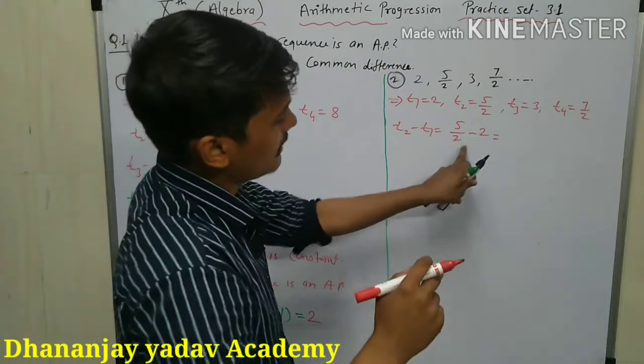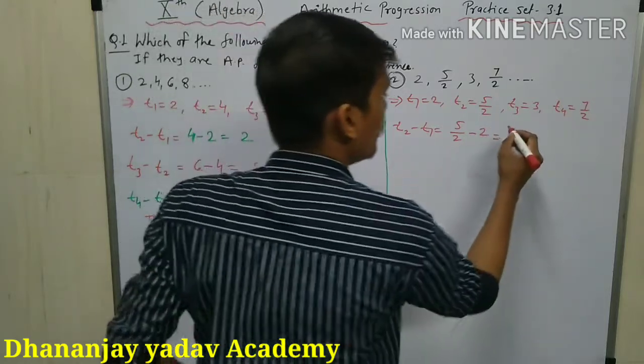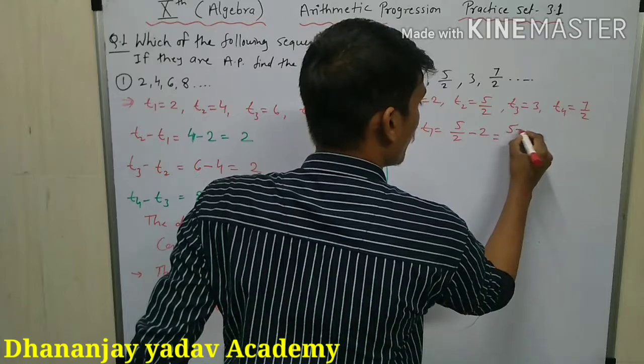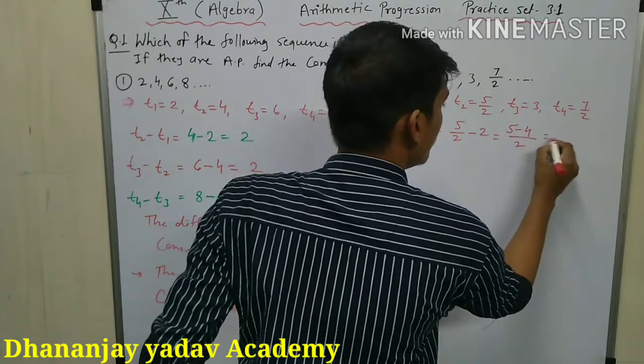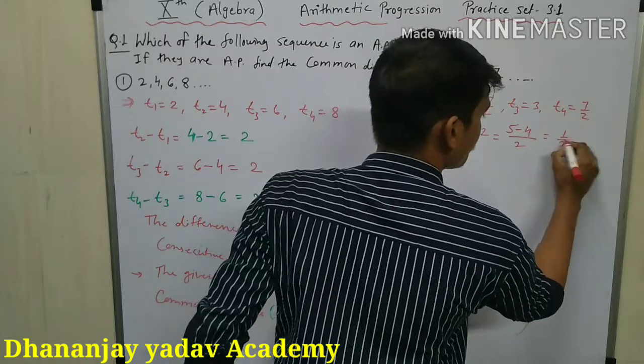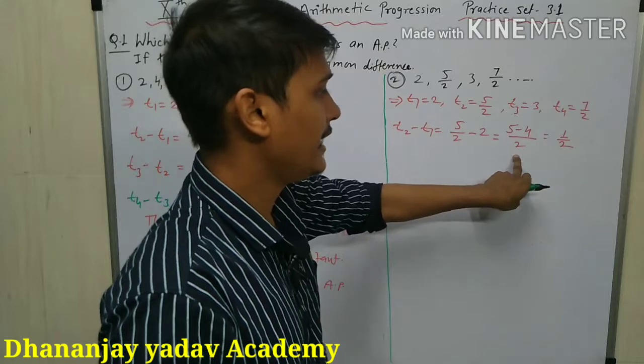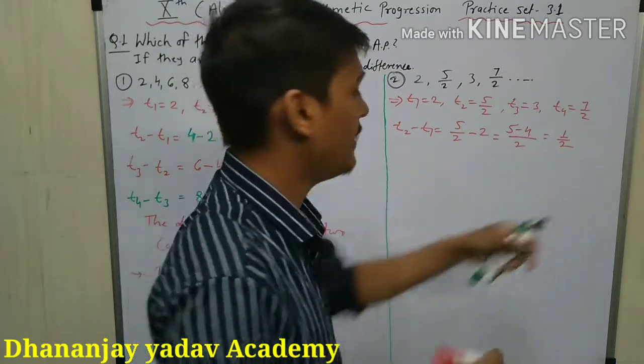How can you solve? Multiply 2 into 2, which means 4, so 5 minus 4 upon 2 is equal to 1 upon 2. 5 minus 4 is 1, and over 2, you write 1 by 2.